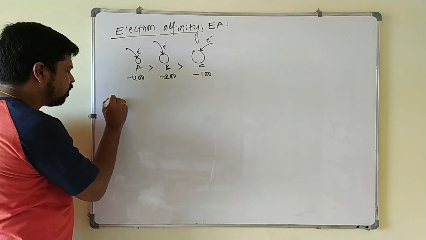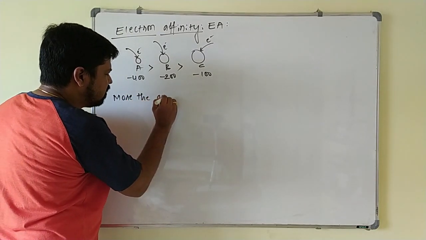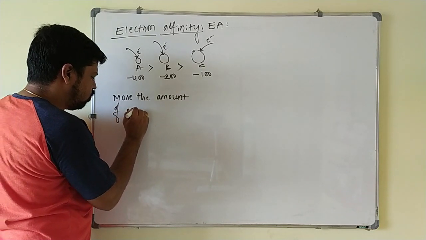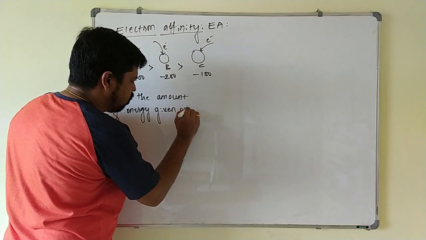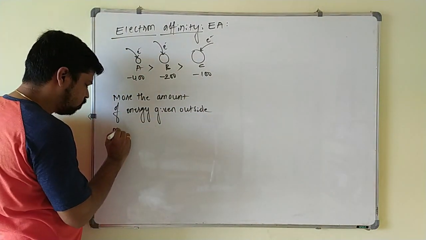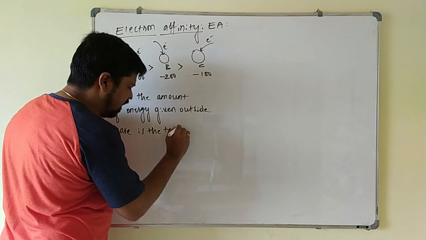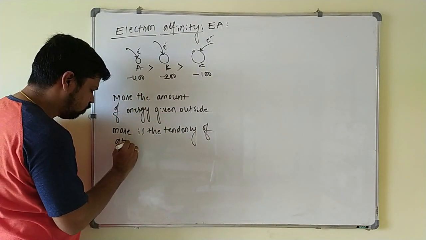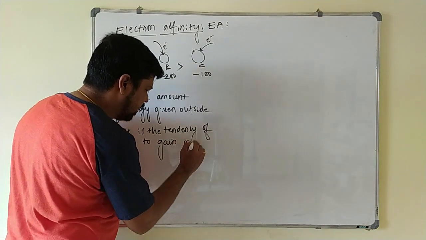So more the amount of energy given outside, more is the tendency of atom to gain electron.